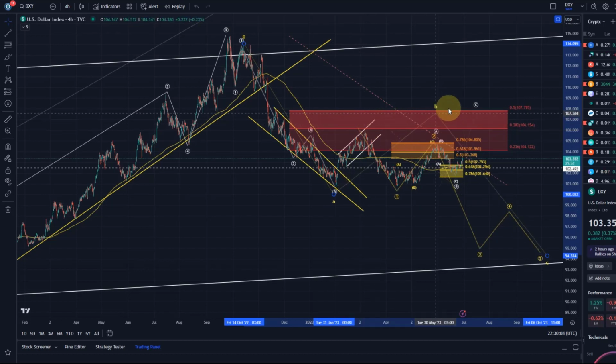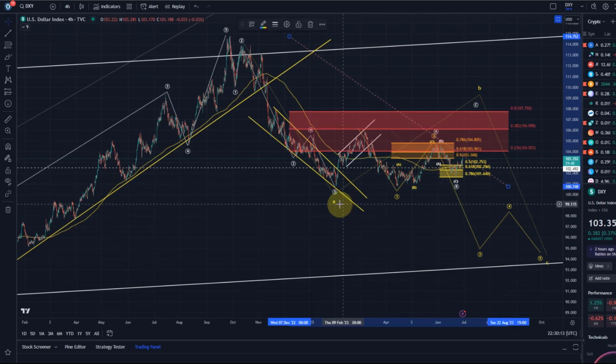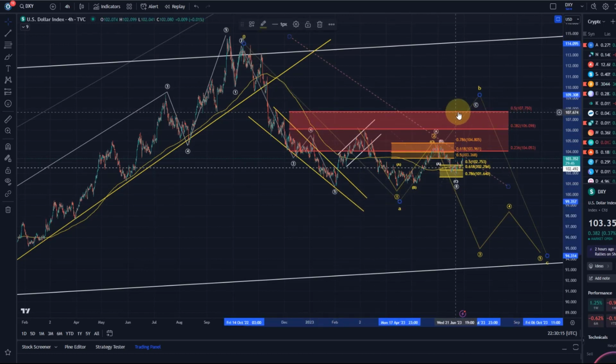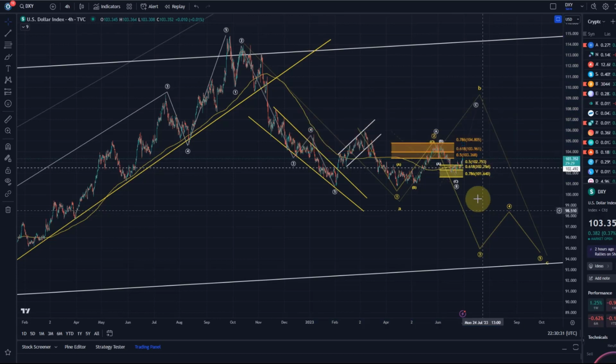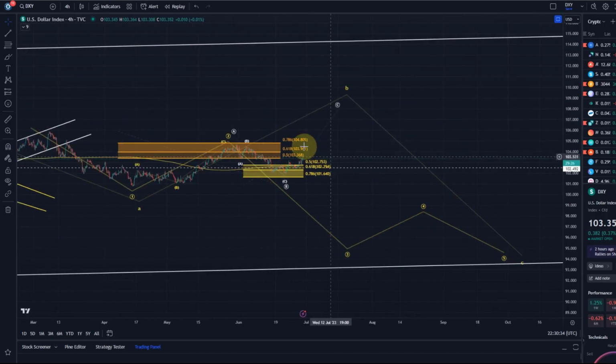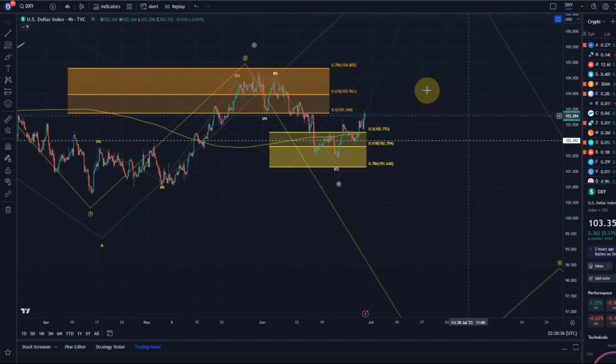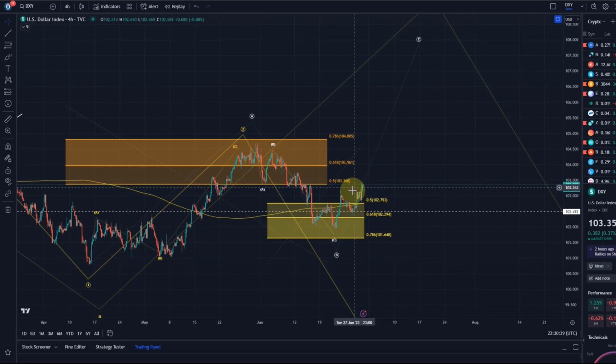Now, if we say the B wave goes a little higher, then at least with the $108 level that we talked about, it would reach the 50% retracement. It would give me a healthier B wave. There is not much difference in terms of probabilities among all these scenarios, but have you noticed that they all point to the downside, and just the, at the moment, preferred scenario would allow for a little more upside. But also here, we need to pay attention to the 101.64 level, the 78.6 retracement.